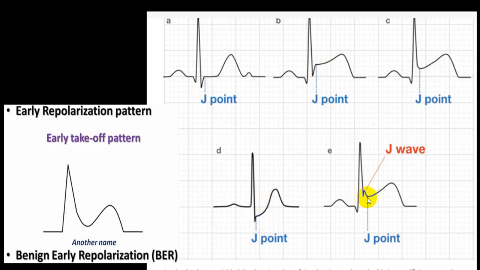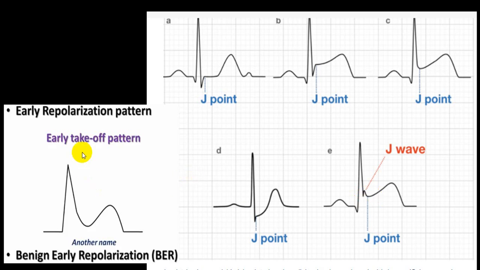And here you can see there is a J point, and before the J point there is a deflection we call a J wave. So this is J wave and J point. Whenever you see this, this is usually in early repolarization, and we call that benign early repolarization and other allied conditions.